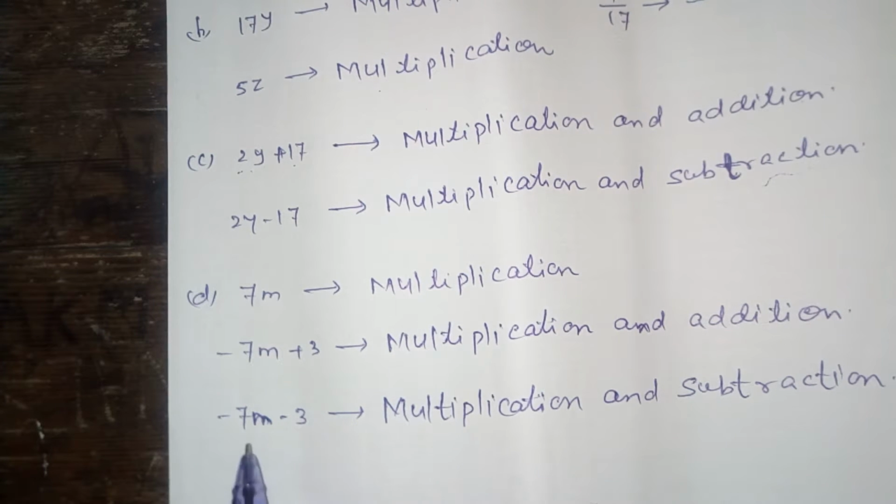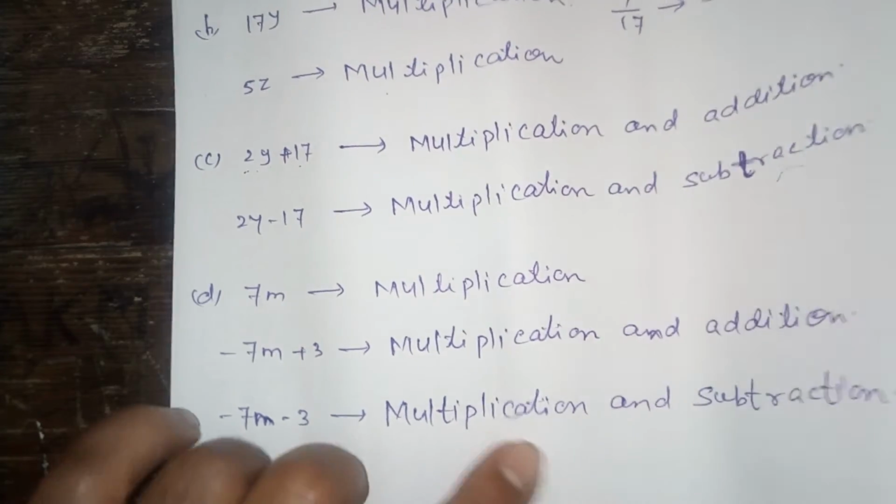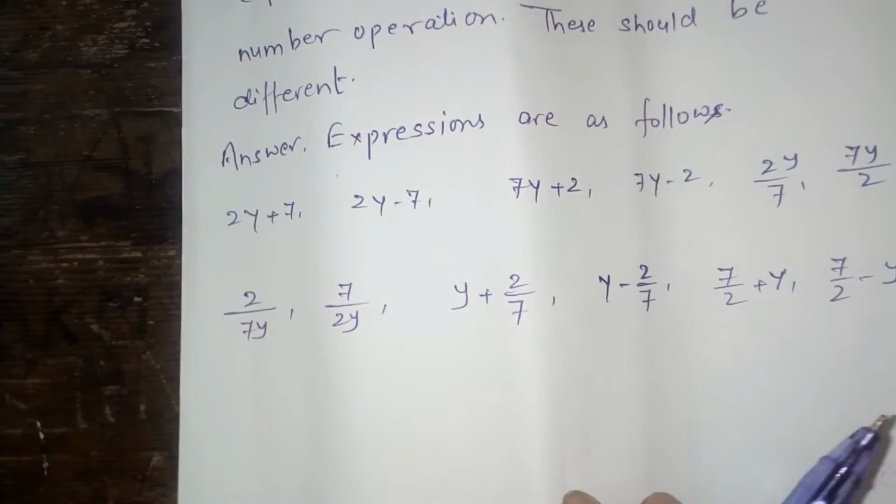In 7m minus 3 the operation is multiplication and subtraction. My dear students, this is the solution of question number 3. Now we will discuss another question.